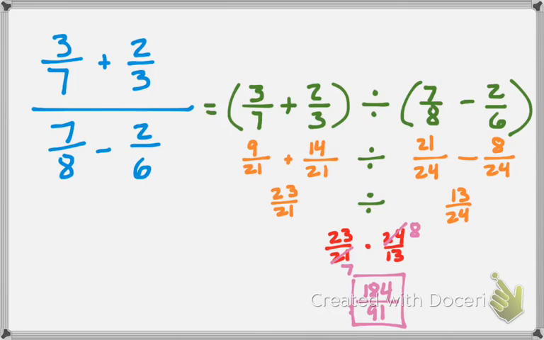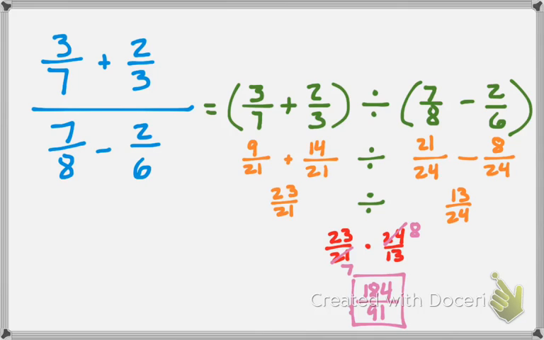We simplify the left and the right, and then we do the division. And I canceled where possible. Remember, a top for a bottom, 1 to 1. And I had a leftover of 7 and 8 that I multiplied into the rest of the fraction, which got me 184 over 91. And that is how we're going to handle all of our complex fractions.